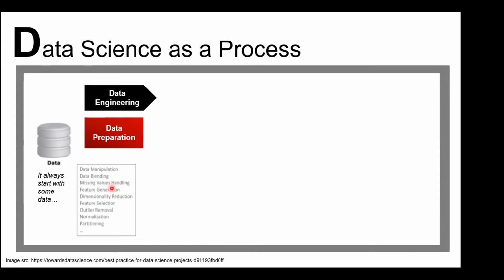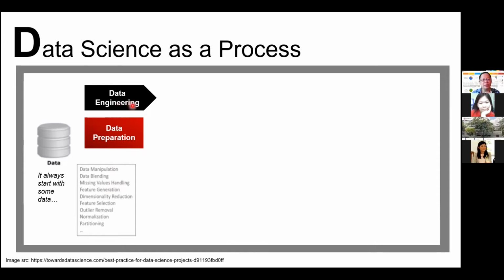This data preparation will try to manage how to make this data complete before the next step to process the data. Sometimes this process is called data engineering. Okay, so data engineering is part of a data science project.